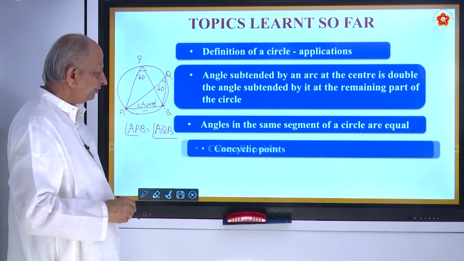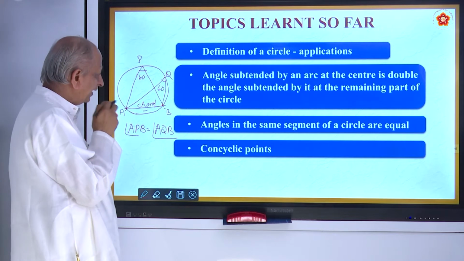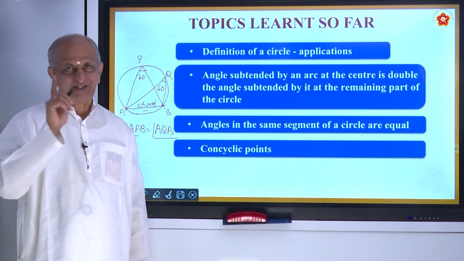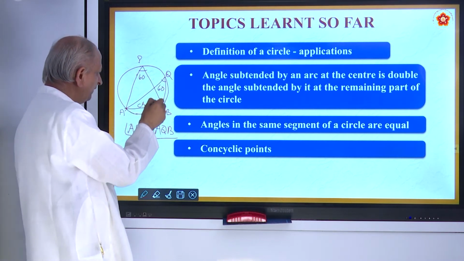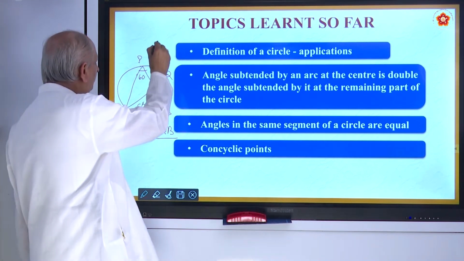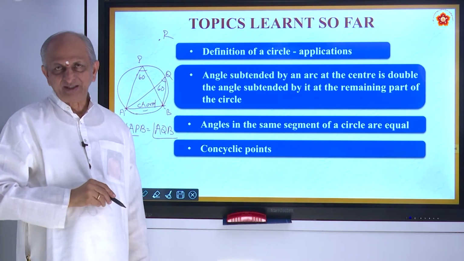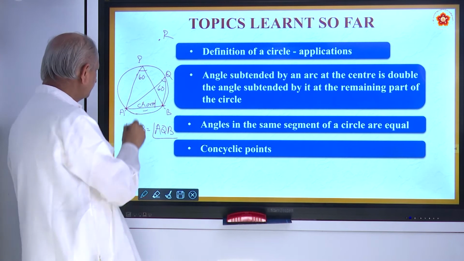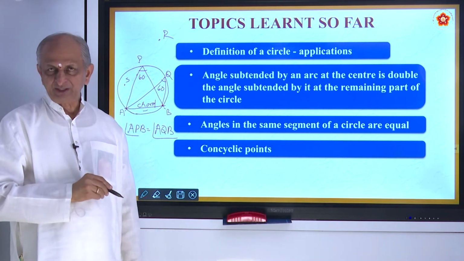Okay. Now we have also seen concyclic points. Means what? The points which lie on the same circumference. Here it is A, P, Q, B. Suppose a point here, R. Can you call it concyclic? No. Suppose a point here inside, can you call it concyclic?